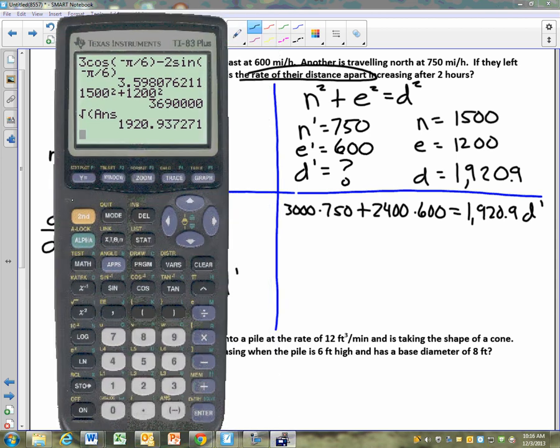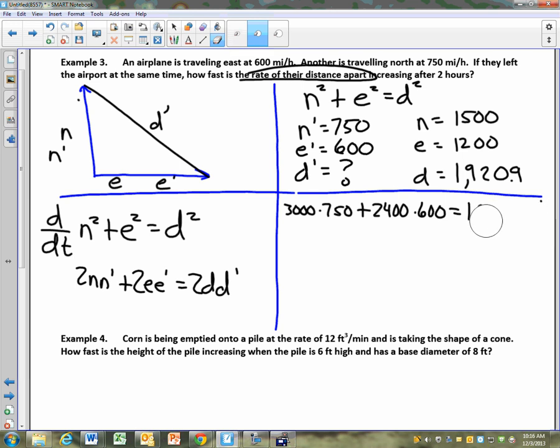I multiplied 2 times the 1,500 to get 3,000. Oh, I'm sorry. Yes, very good, thank you. So this becomes 3,841.8 d prime.